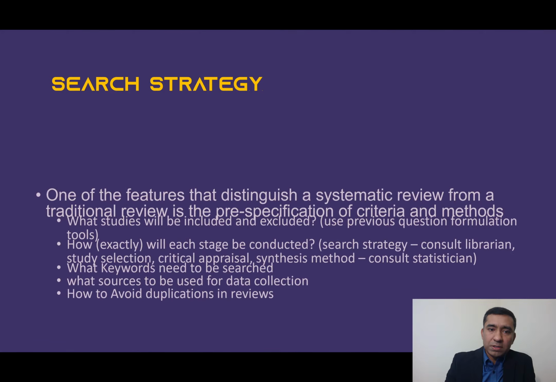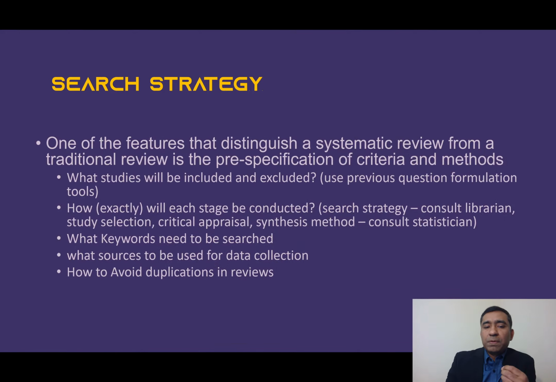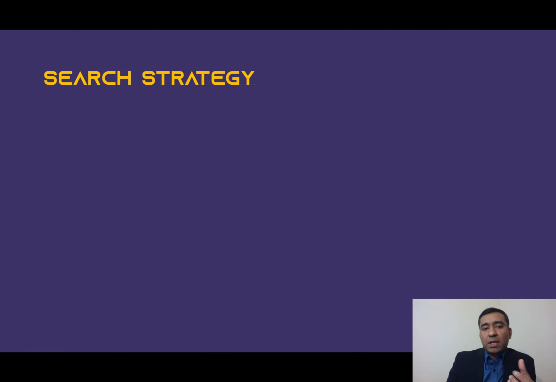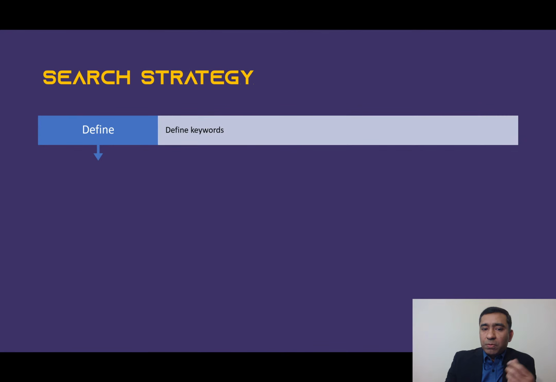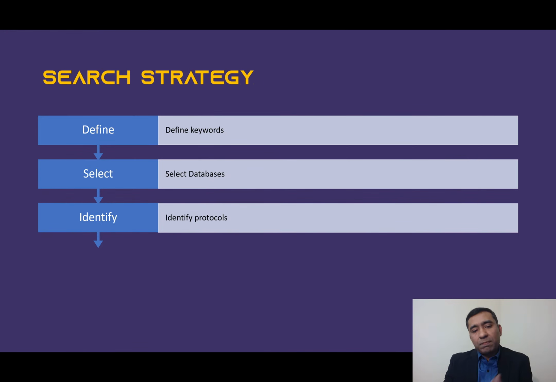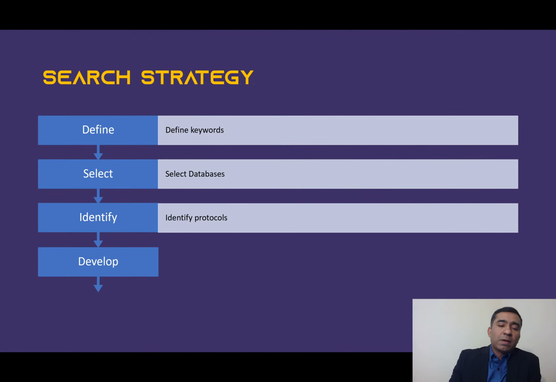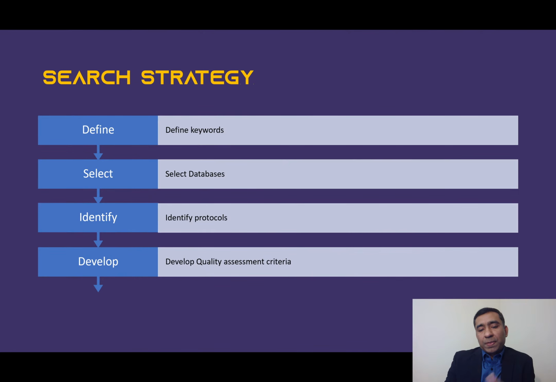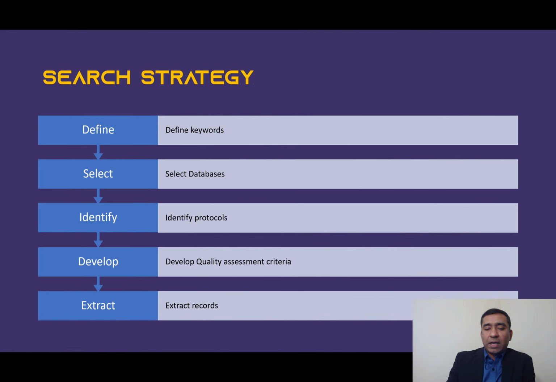Okay, so the search strategy, obviously we use different search tools and different databases. So what we do, we define the keywords, we select the databases, we identify the relevant literature, and use the quality measurement criteria and protocols, and then extract the records.